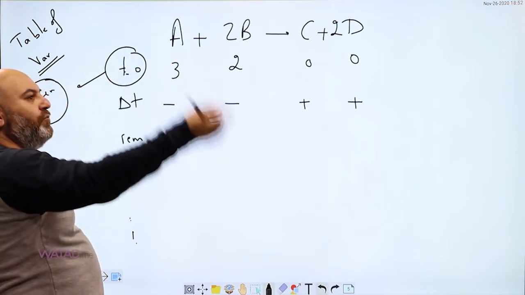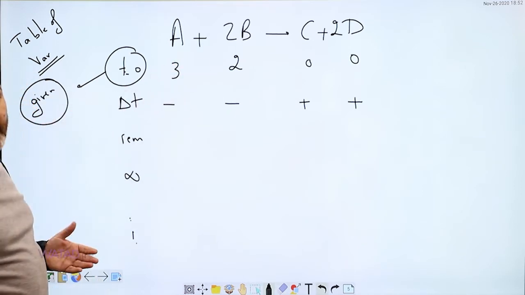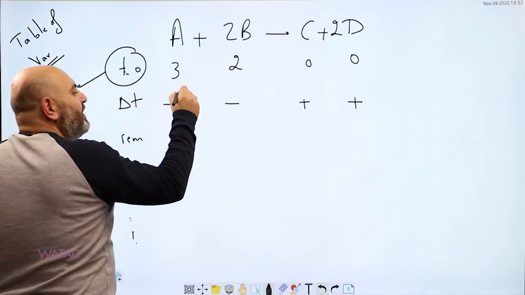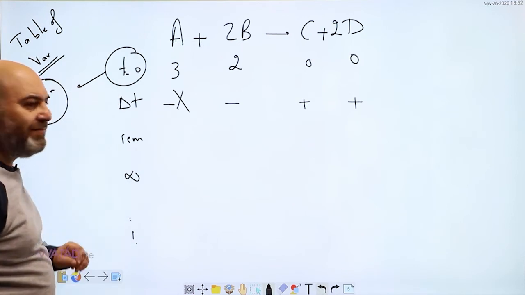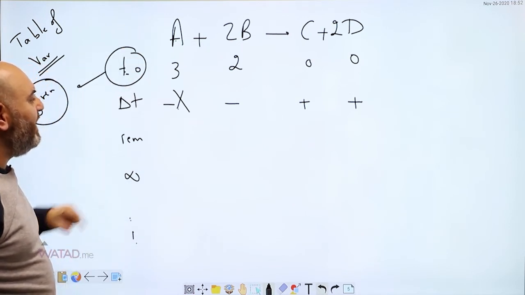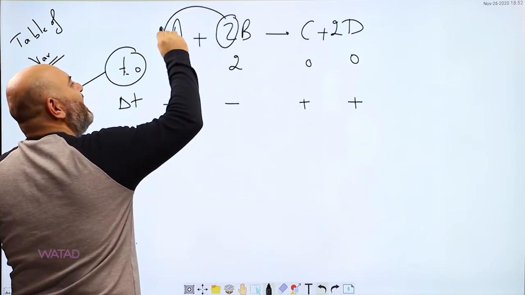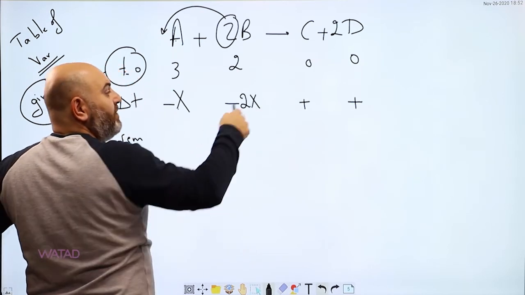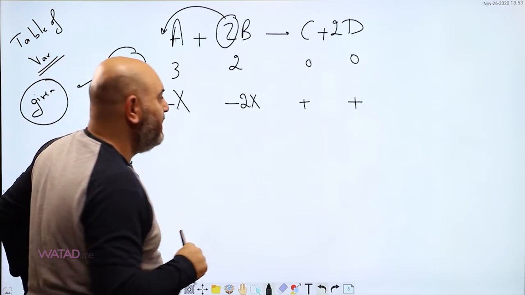يعني after 1 minute, 2 minutes, 3 minutes, are they going to decrease in the same way? For sure not. Therefore, I will assume that the variation of A is going to be a certain number x. If the variation of A is going to be a certain number x, B is 2 times A, therefore this one will be 2x. 2x not because of this 2, because of the coefficient that we have.